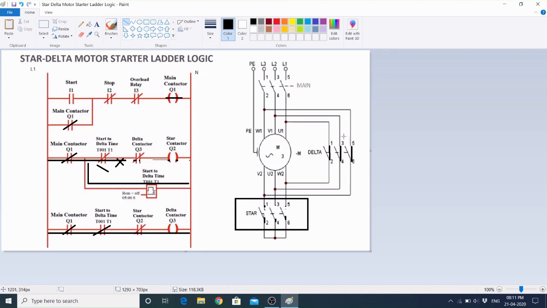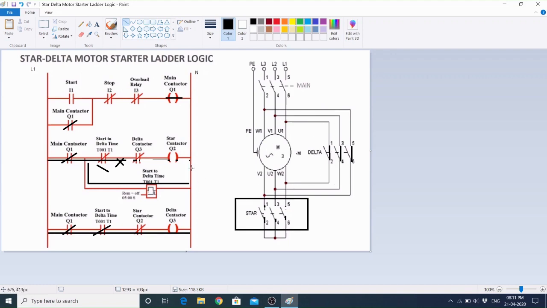So if we connect this path, in that case what will happen? It is forming these induction motor terminals, that is the coil of the induction motor is in delta connection. Okay, so now this induction motor is running in delta condition.